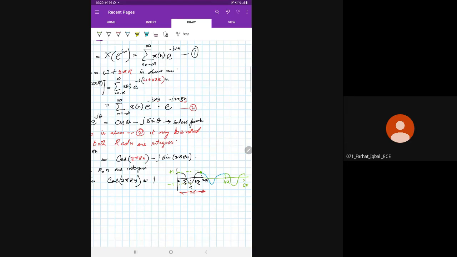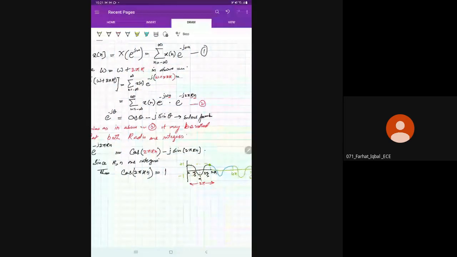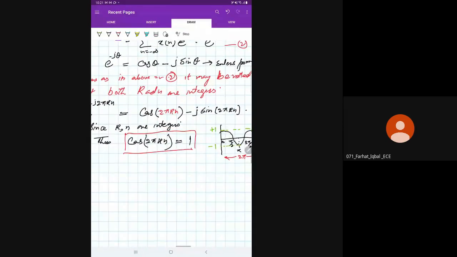So k into n times 2 pi will always equal some number times 2 pi. Whatever the number is, it will always be equal to 1. That is why I said that cos of 2 pi kn will always be equal to 1.